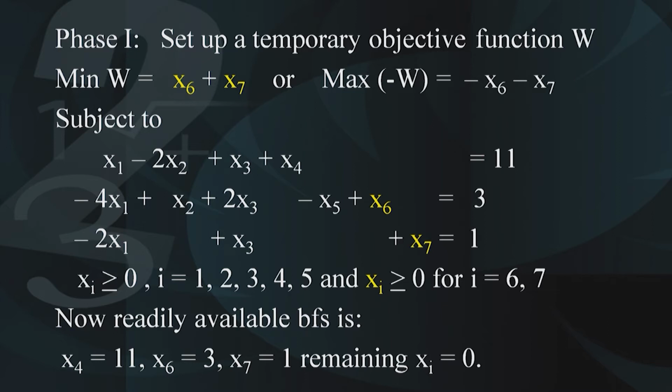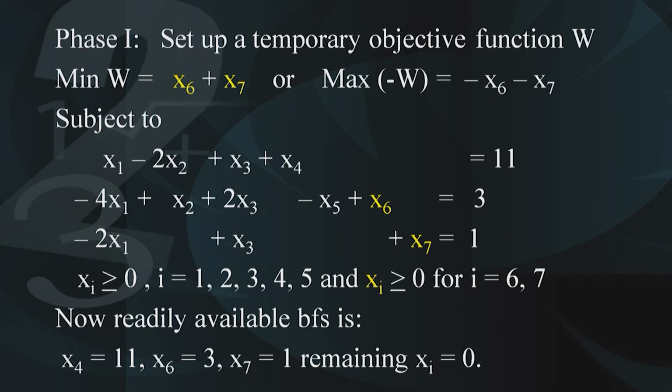As you know, in phase 1 we set up a temporary objective function. What is that objective function? It is nothing but minimization of the sum of the artificial variables. The artificial variables are x6 and x7. Just as in the previous method, we have introduced x6 as an artificial variable in the second equation and x7 in the third equation.